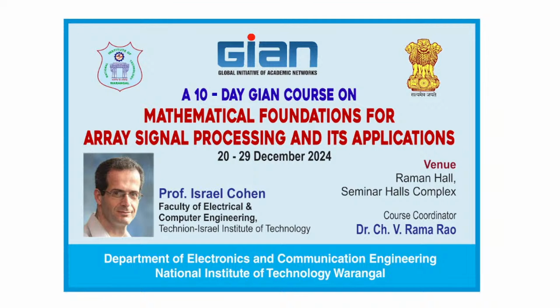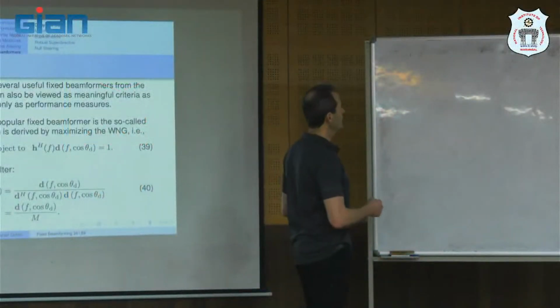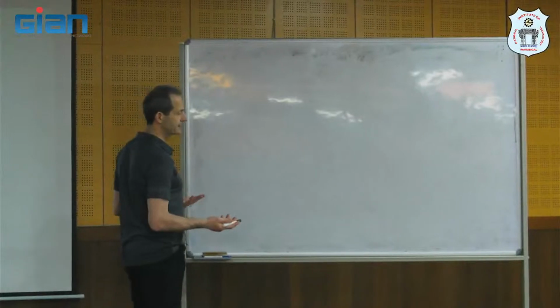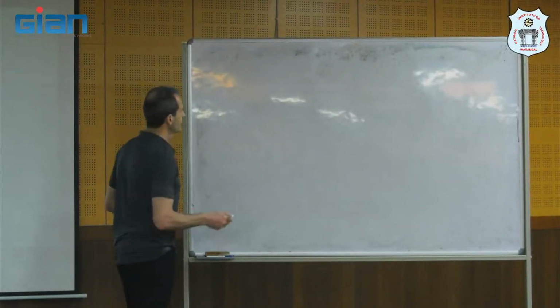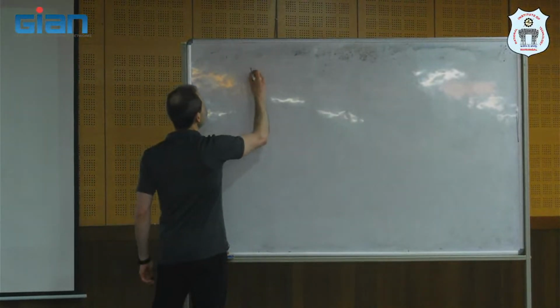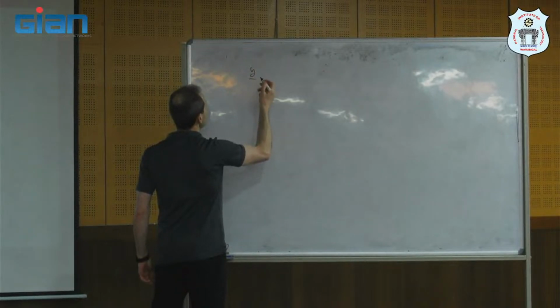I want to give you a refresher and review that whenever we talk about array processing, if we have an array of multiple sensors, M sensors, this is a very simple model.